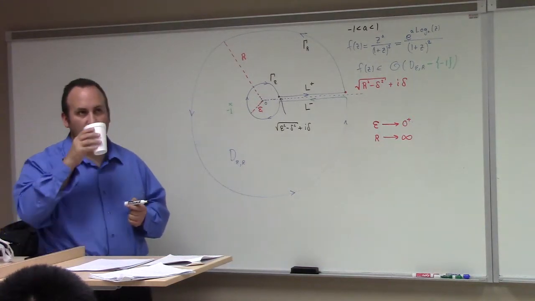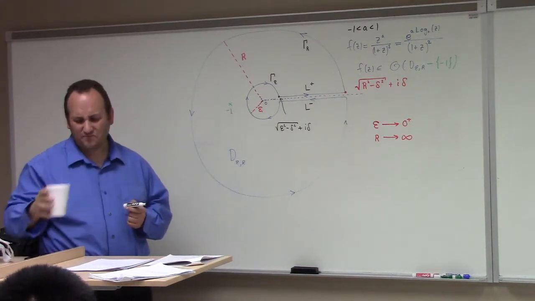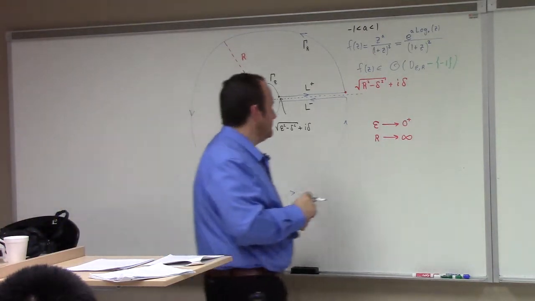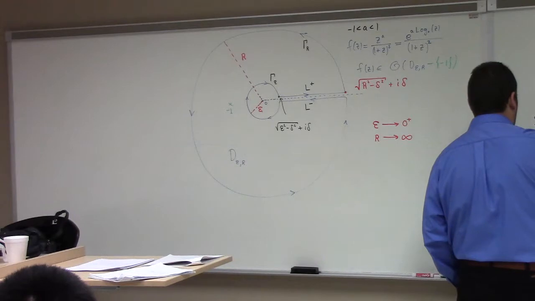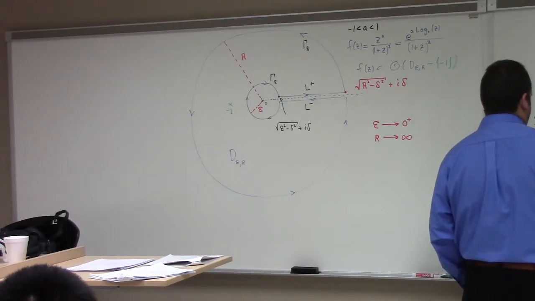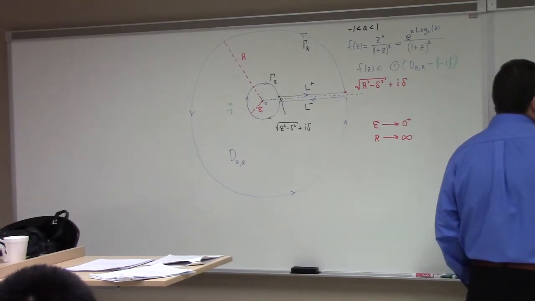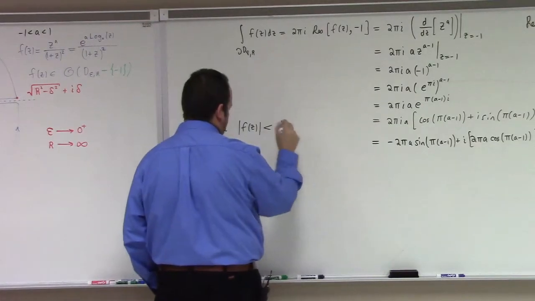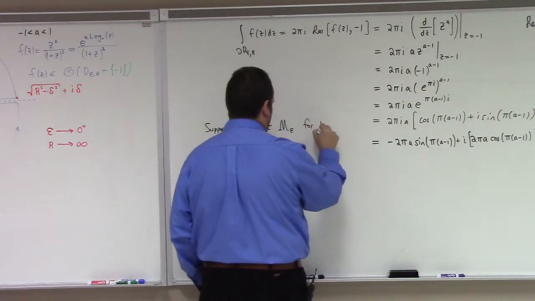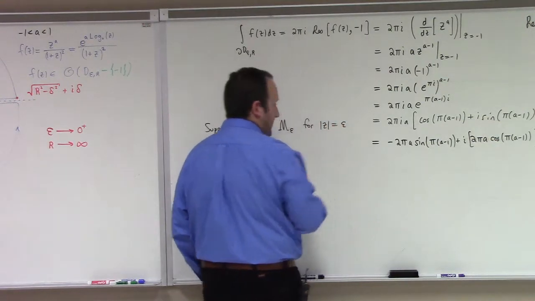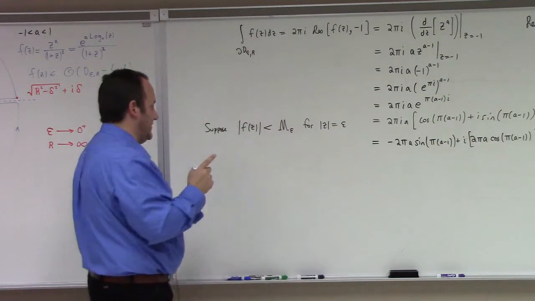Oh, actually, you tell me why this isn't bad. So suppose the modulus of f of z is less than m epsilon for z equal to epsilon. Then what can we say?